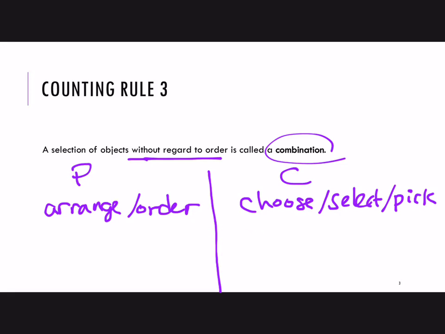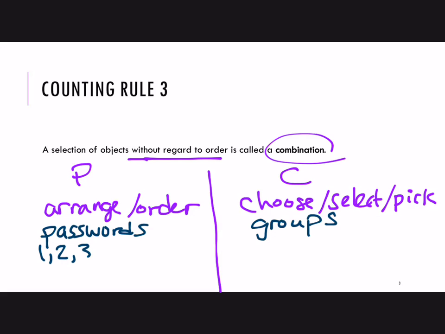Some examples. Permutations would be things like passwords, where switching the order of numbers or letters makes a difference. Combinations would just be like a group or a selection. Pick a group of letters or a group of numbers. A permutation would be, let's see, choose first, second, third place for prizes.